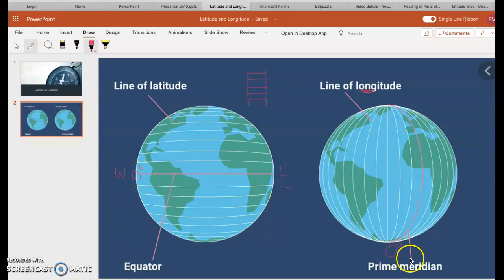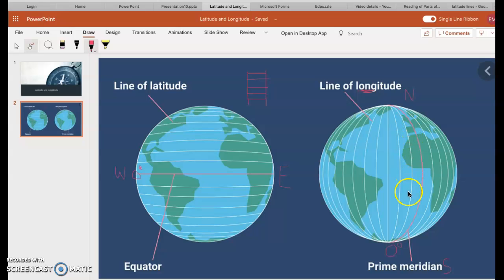And we know these two imaginary lines because these two lines break up our globe into 4 hemispheres. So our prime meridian, it doesn't run from west to east, but it runs from north to south, just like our compass rose. So the prime meridian runs north to south.